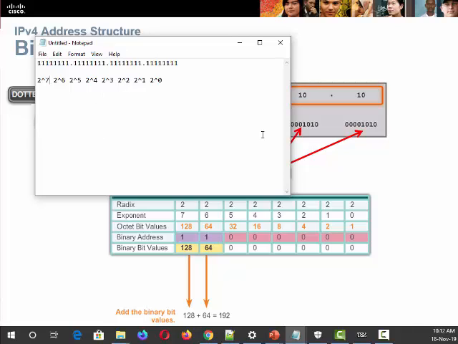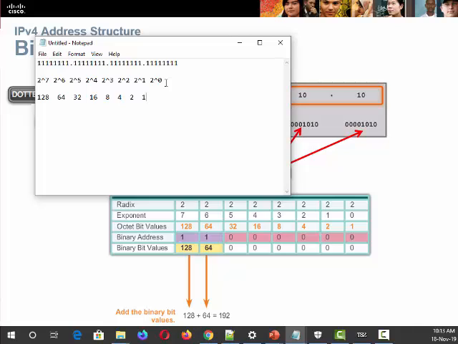If you solve this in mathematics, what do we get? This one will be 128, this one 64, 32, 16, 8, 4, 2, 1, because anything raised to power 0 in mathematics is 1.